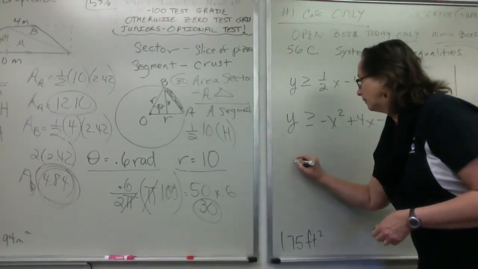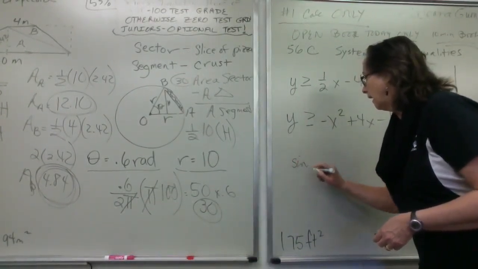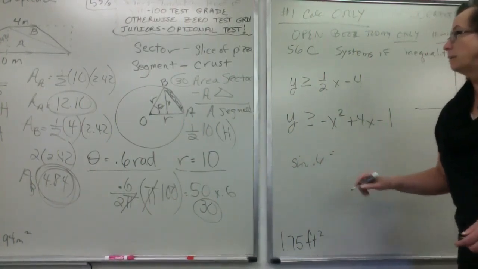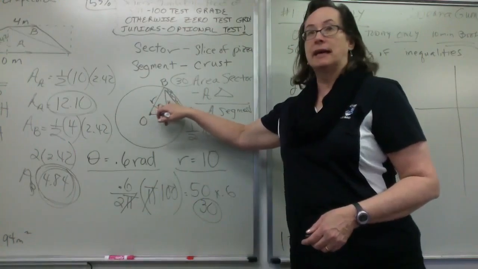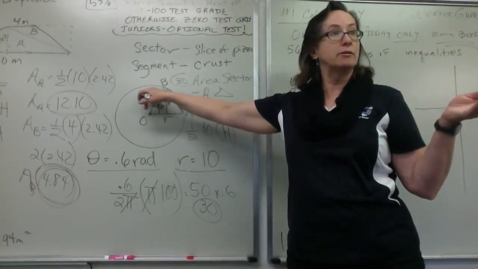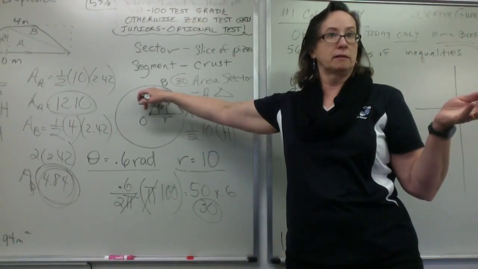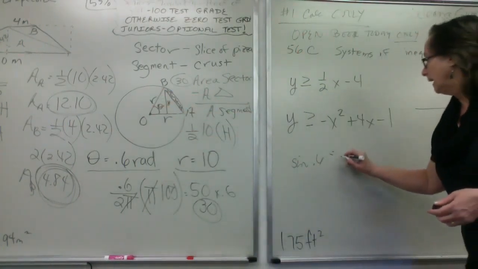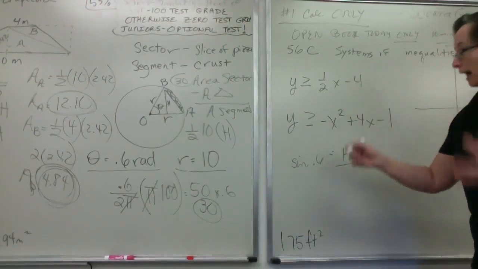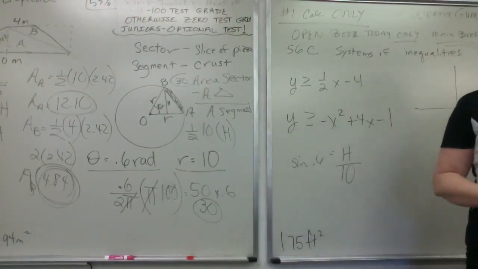So how do I go about finding the height if the angle is 0.6? It is still the sine of 0.6, which is going to be the opposite over the hypotenuse. But the hypotenuse is also the radius, right? So the opposite, which is the height, over the hypotenuse, which is the radius again.